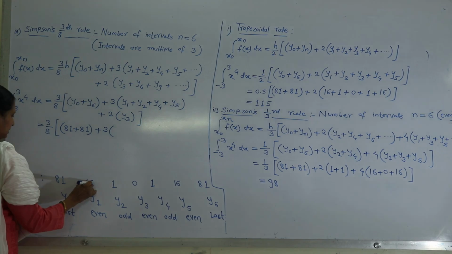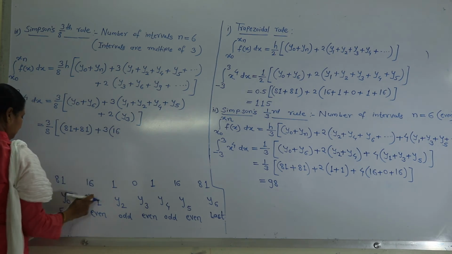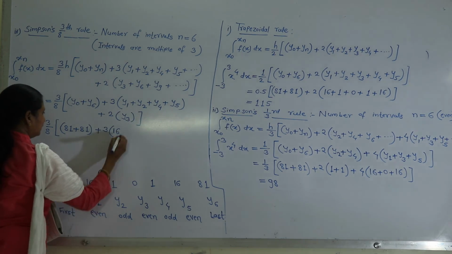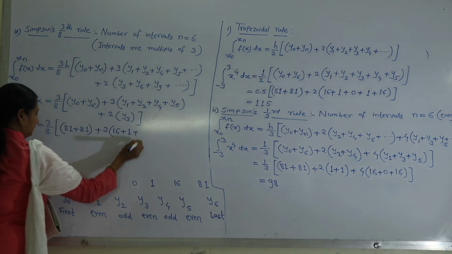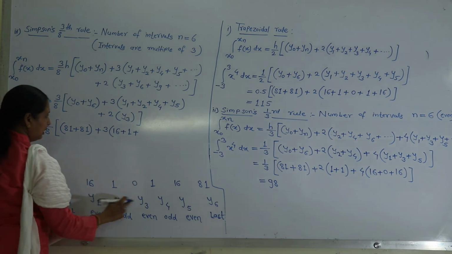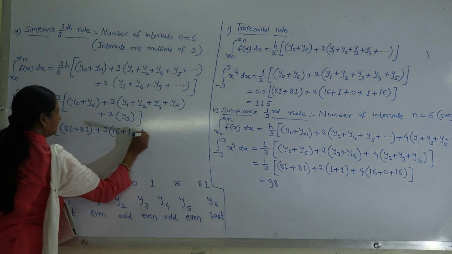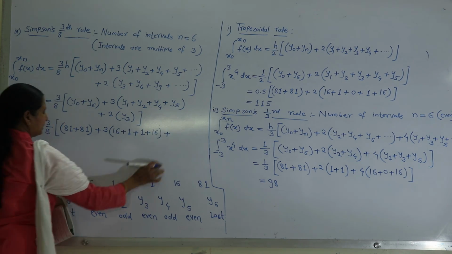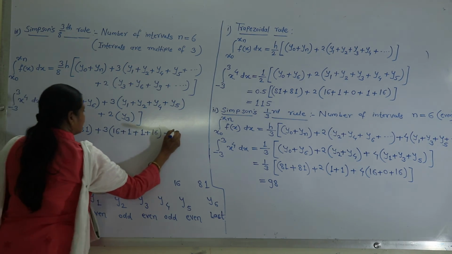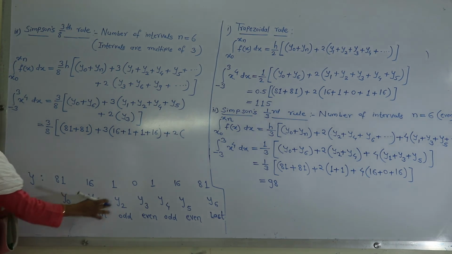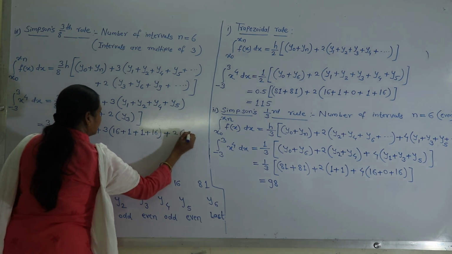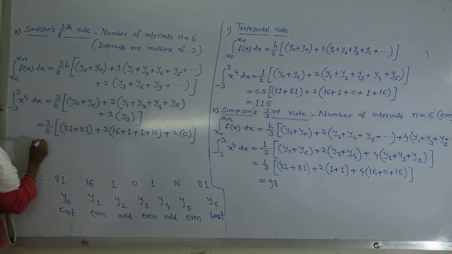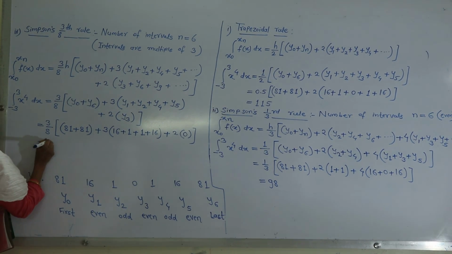The first value y1 is 16, plus y2, that is 1, plus y4, 1, plus y5, 16, and plus 2 times y3. y3 is 0. After this calculation, the final answer will be 99.